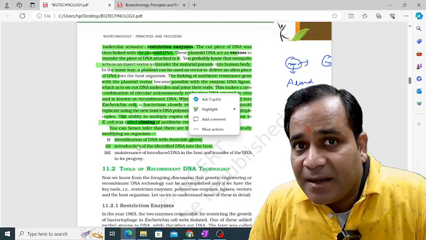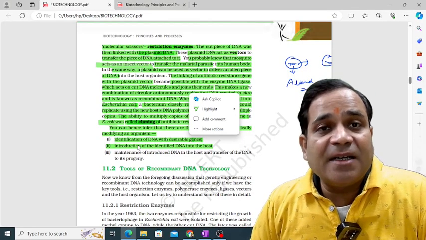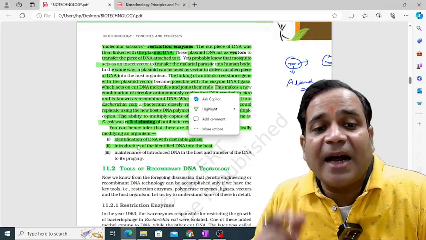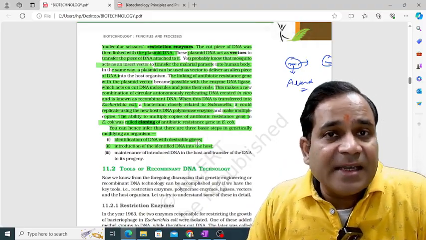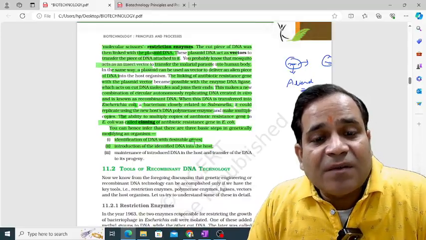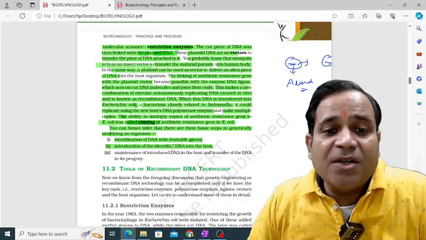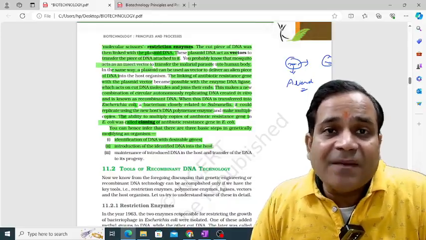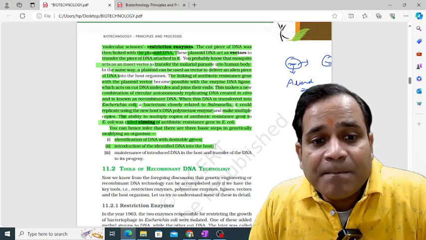First we have to identify the DNA, a desirable gene, and after that we introduce this identified DNA into the host body cells.